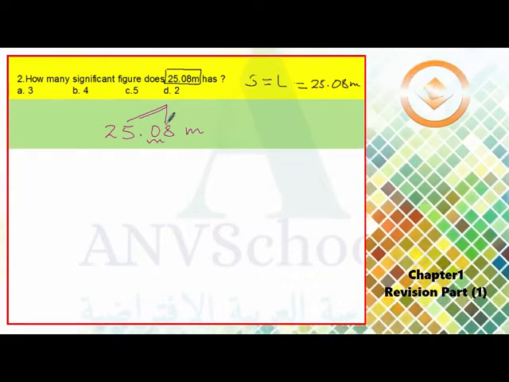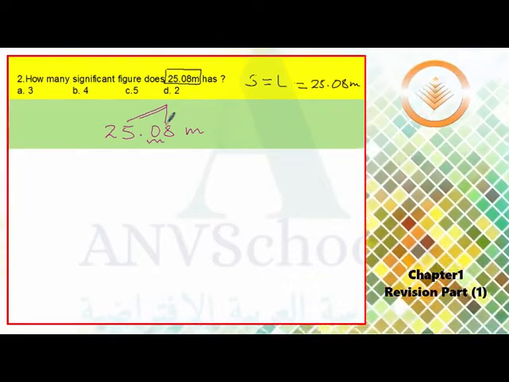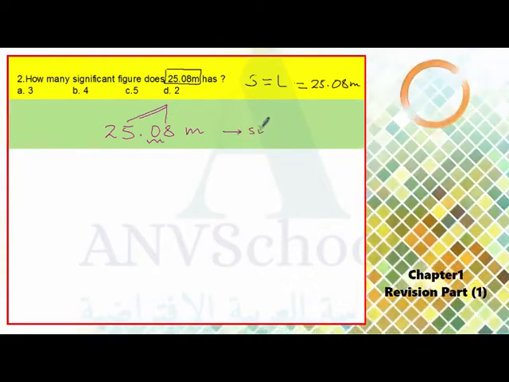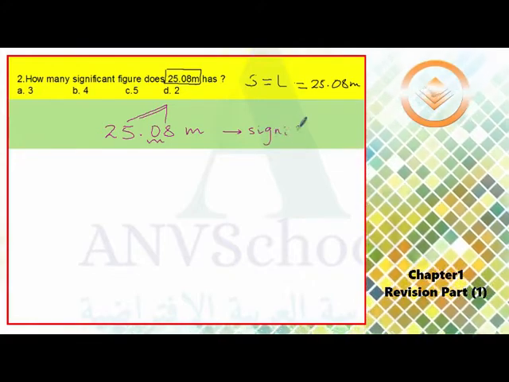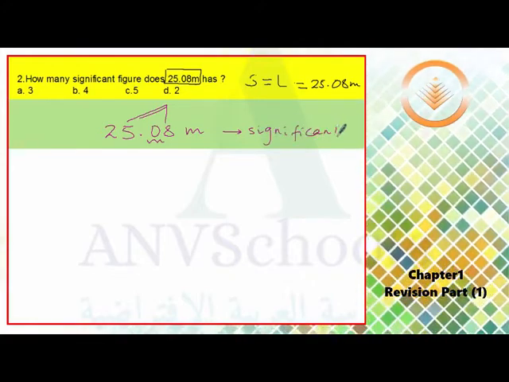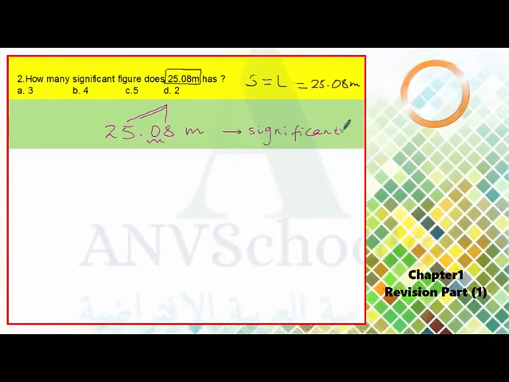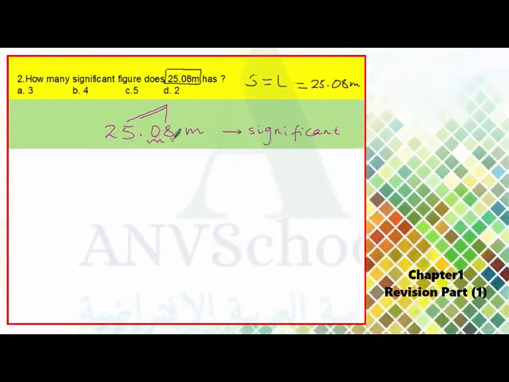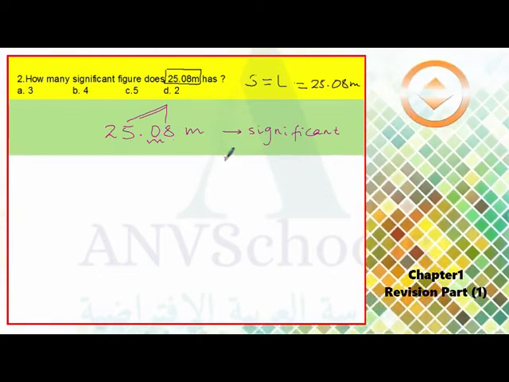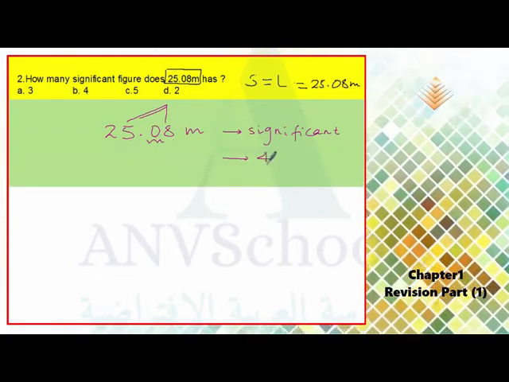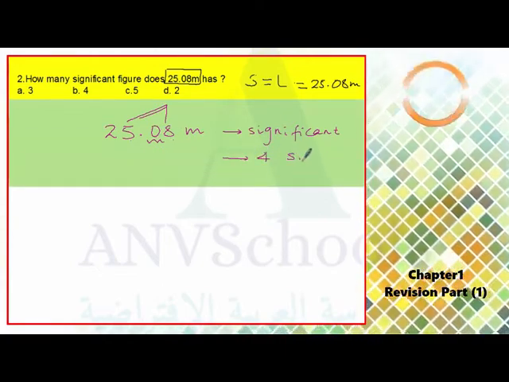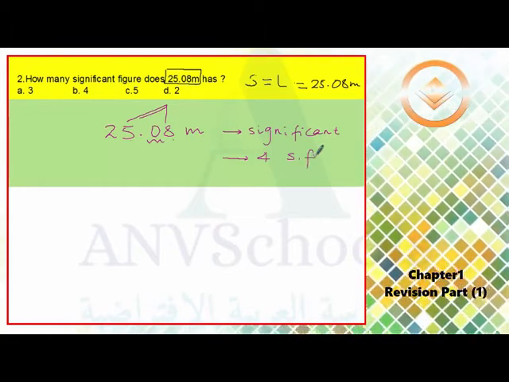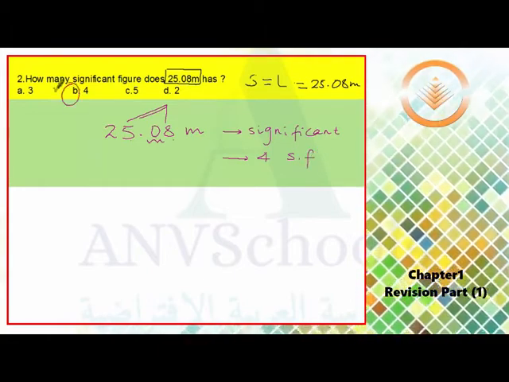So according to our rule, this 0 is significant. We count it. So this number has 1, 2, 3, 4. It has 4 significant digits. This number has 4 significant figures. Then the answer will be B.